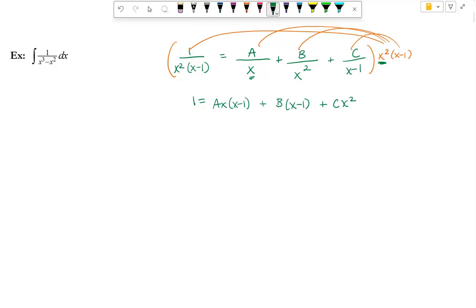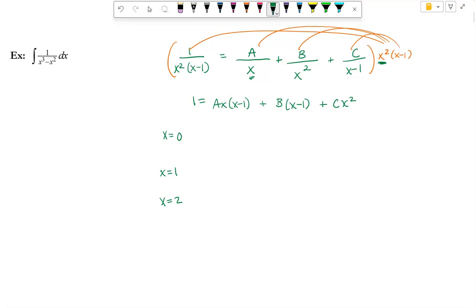So let's see, I can see x equals 0 will be helpful. I can see that x equals 1 will be helpful. And again, for my third value, I could pick anything I want. There's nothing else jumping out at me. So I'm just going to pick x equals 2, keep it simple.